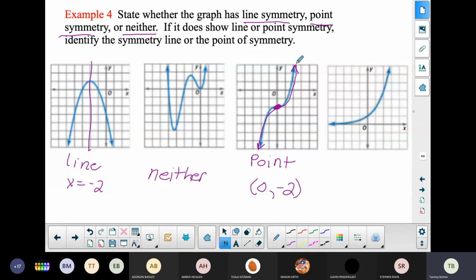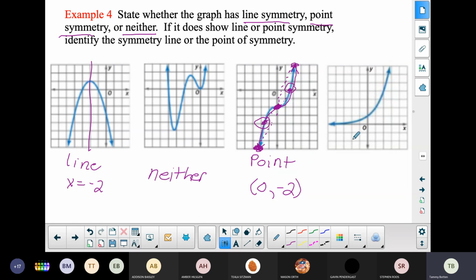Again, like I said, you could choose this point up here and this point down here and think, if you reflected it over that point, would you end up with this point down here? You could pick this point and this point and look: if you reflected this over that point, you would end up here.